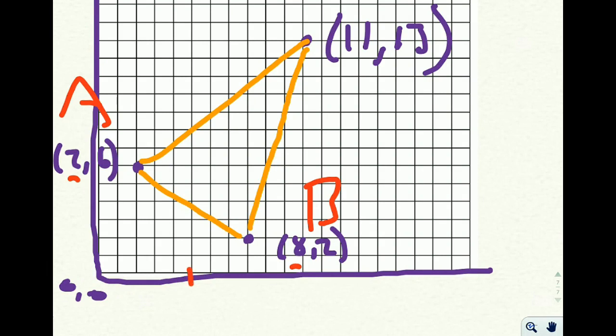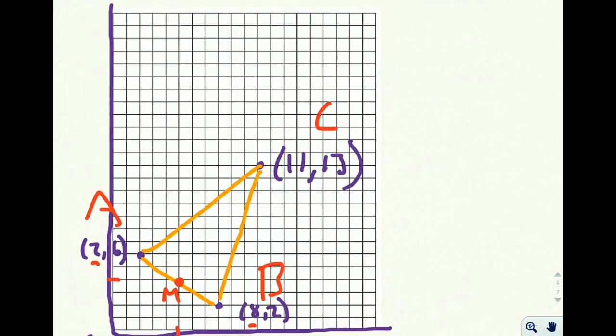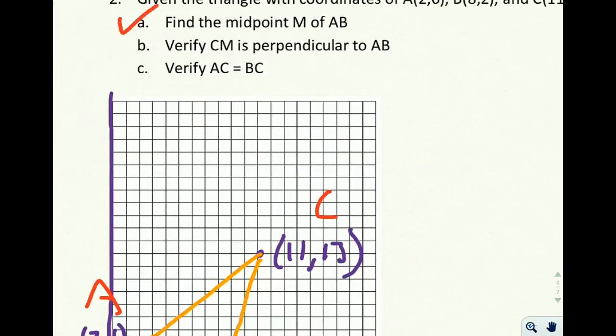Halfway between 2 and 6, add 2 and 6, you get 8, divided by 2 is 4. So 4 is up here, and that point, midpoint M, is going to be right there, and that visually does look like the midpoint. So we found that.